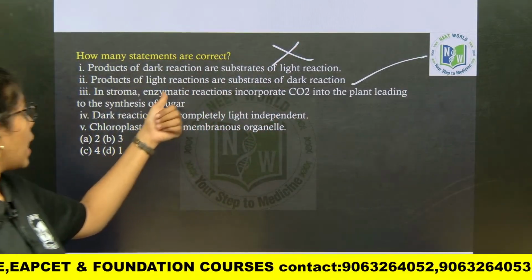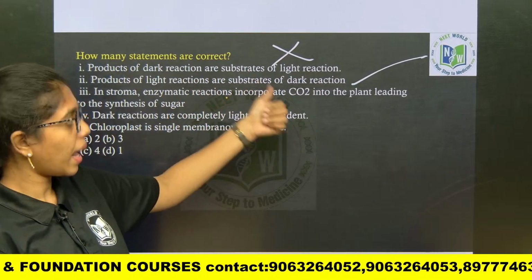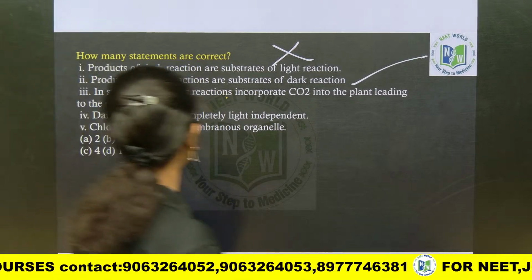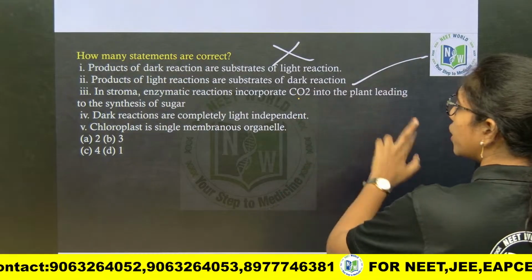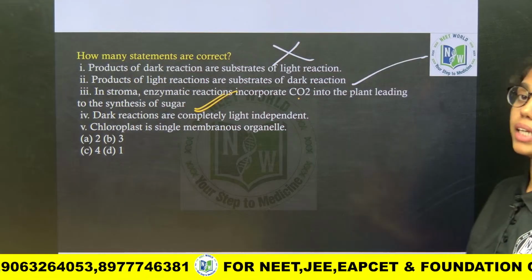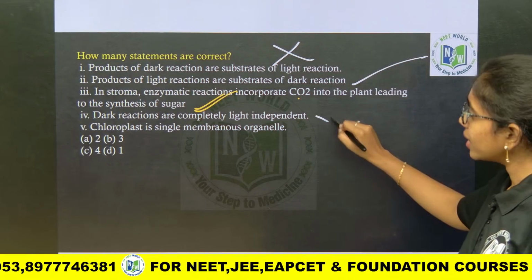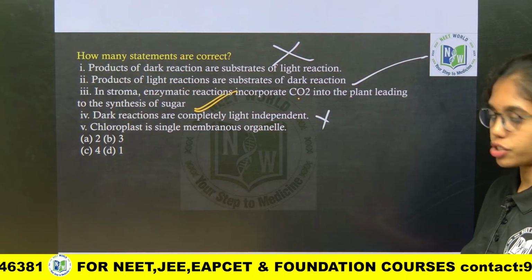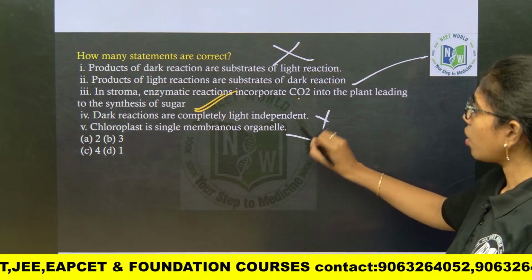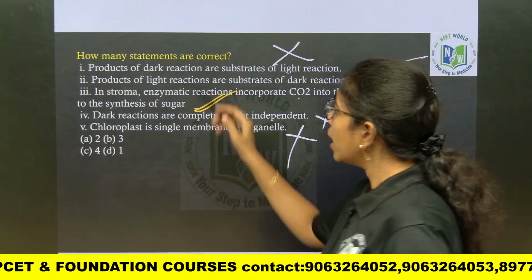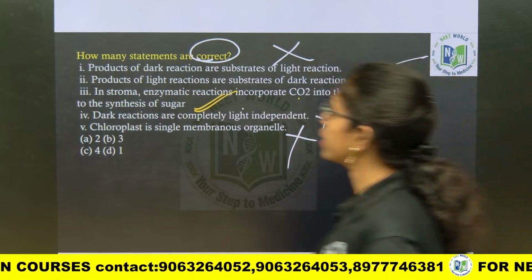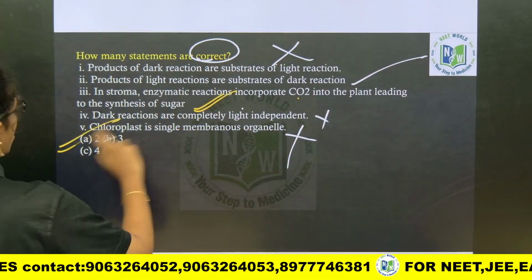In the stroma, enzymatic reactions incorporate carbon dioxide leading to the synthesis of sugar. True, this is correct. Next, dark reactions are completely light independent. Wrong. They are dependent on the products of light reaction. Chloroplast is single membrane bound. Wrong. So how many correct statements can we identify? 1 and 2, two correct statements. So here we have to opt for this option.